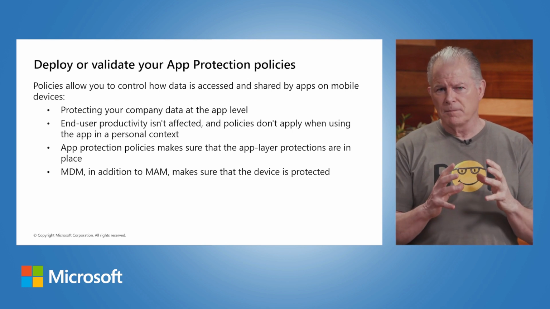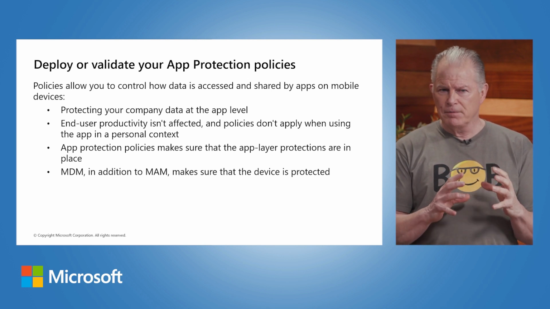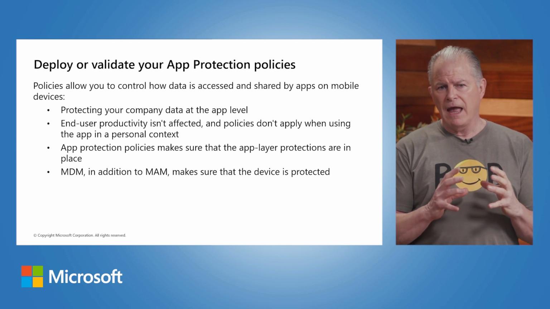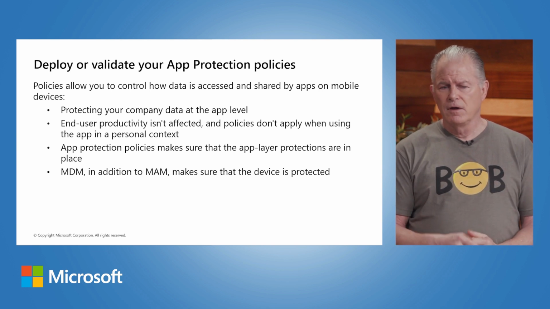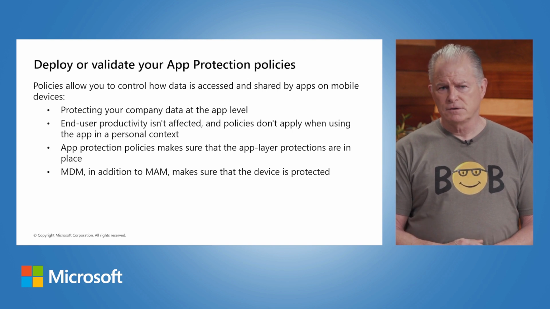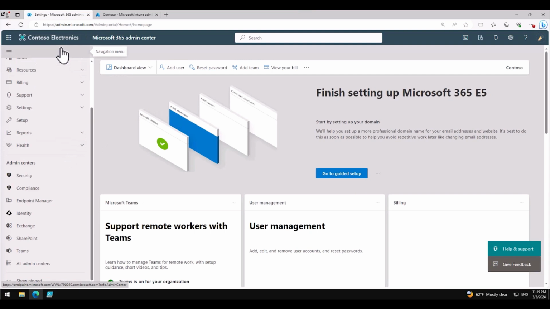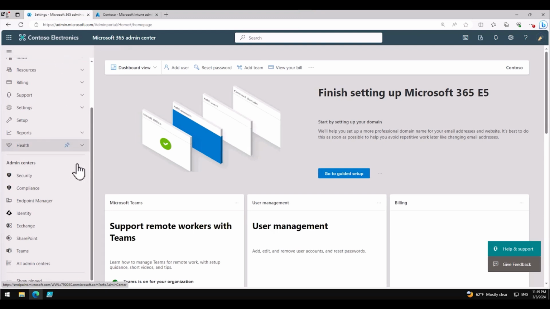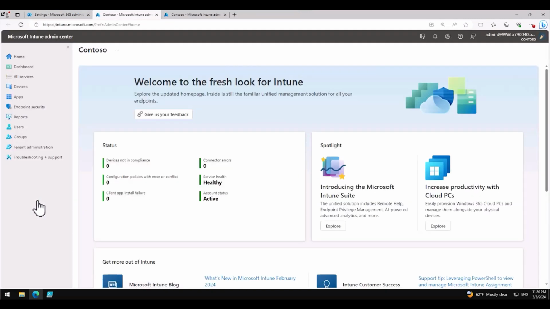So all of these are important pieces to manage the application uses and deployment and how they access the data itself. So we'll go into a demonstration and show you some of the app protection features. When it comes to the application and the device management, also known as MDM or mobile device management and MAM, mobile application management, we get to it by launching Endpoint Manager from the Microsoft 365 admin portal.